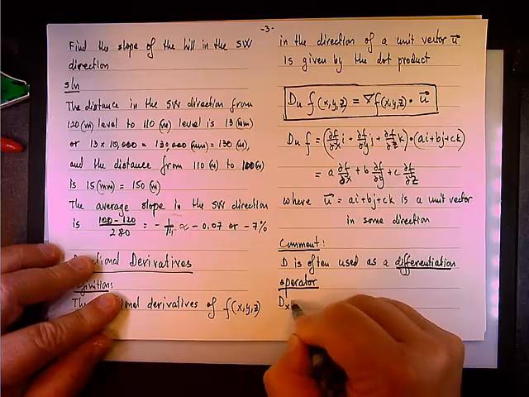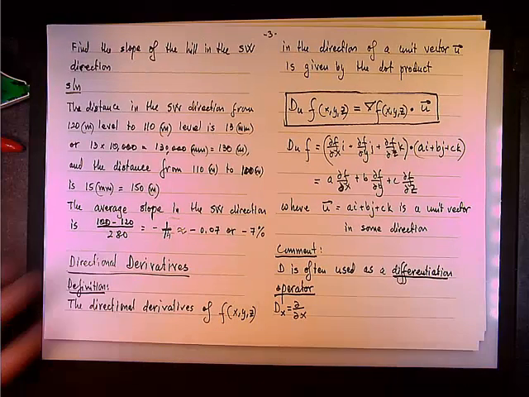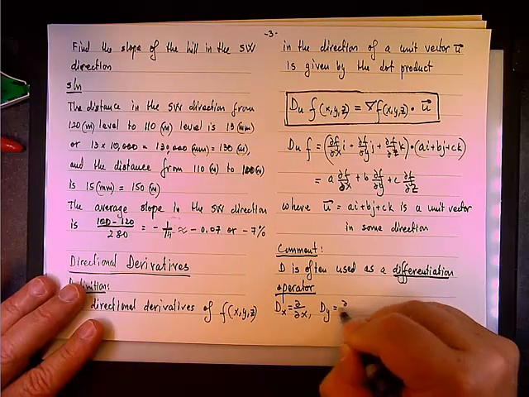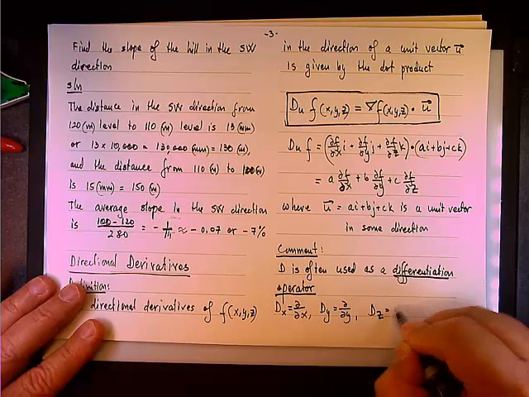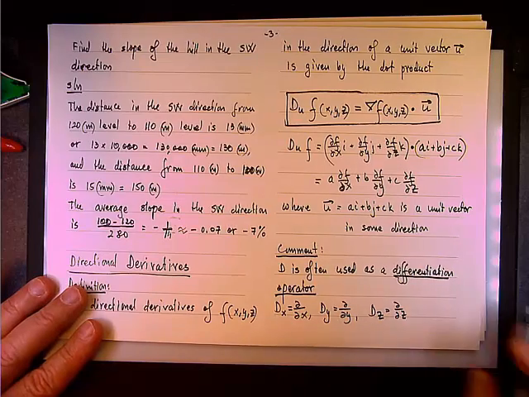For instance, d sub x is del x. Okay, it's a derivative in the x, the partial derivative in the x direction. D sub y, of course, will be the same thing, and d sub z will be the derivative with respect to z.